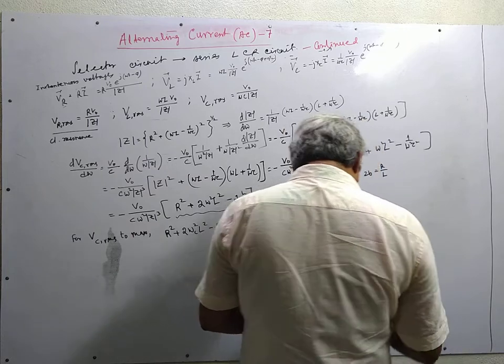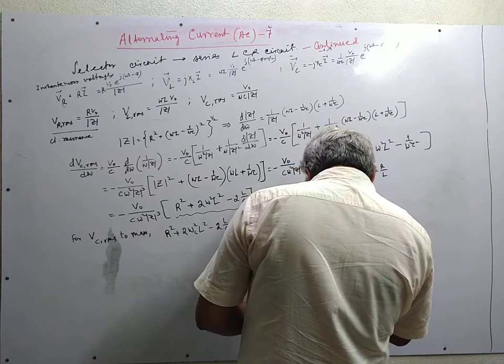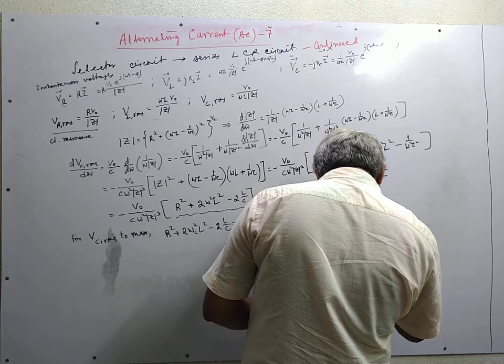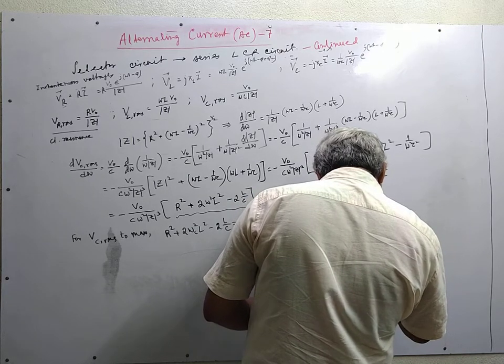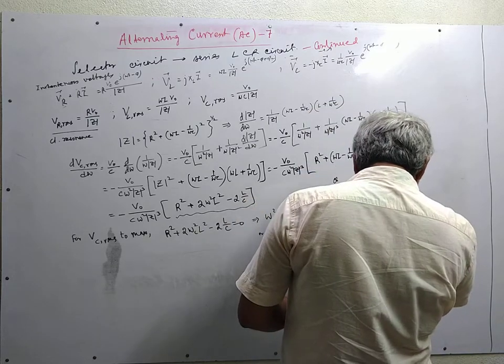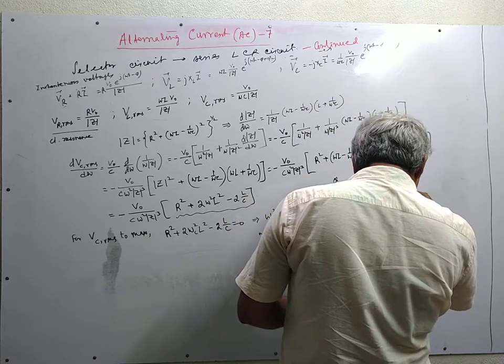If we take omega 0 square common, this is 1 minus twice b square by omega 0 square, and Q factor is defined as omega 0 by twice b.